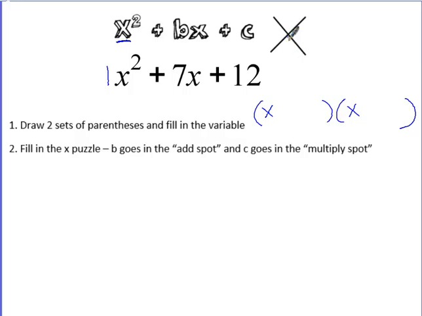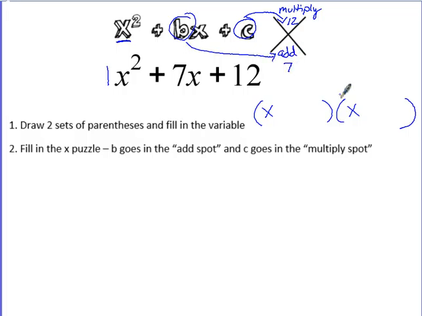Next up is we're going to fill in this little x over here, and you can think of it as a puzzle that you are going to solve to figure out these numbers. So whatever number is where c is goes on the top, and those we are looking for numbers that multiply. So in this x puzzle I need a 12 up here, and then wherever b is, that's going to go on the bottom, and those we're looking for numbers that add.